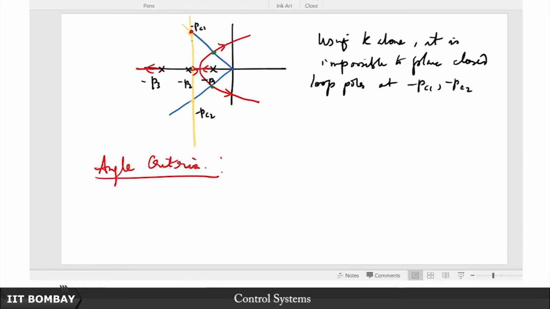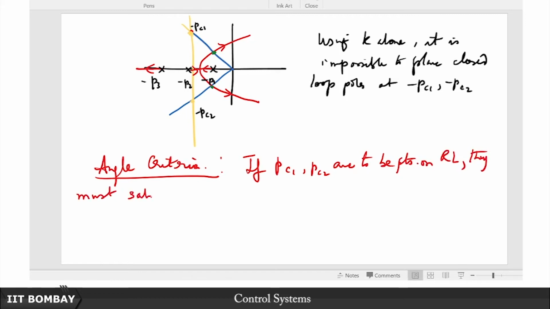Then, so this is our observation, if PC1, PC2 are to be points on the root locus, they must satisfy the angle criteria. We call this AC in short.